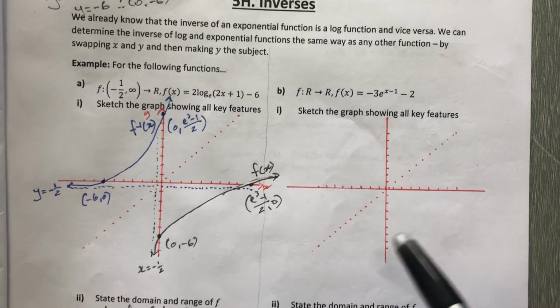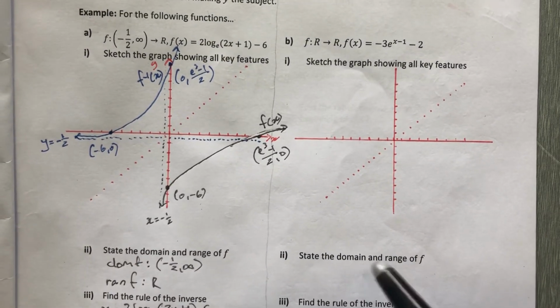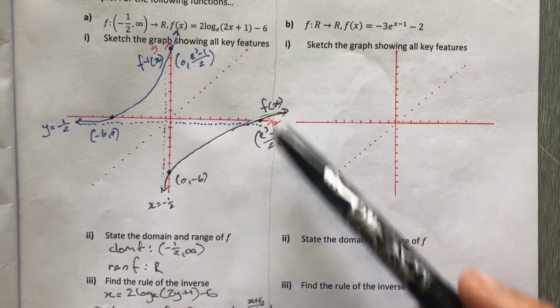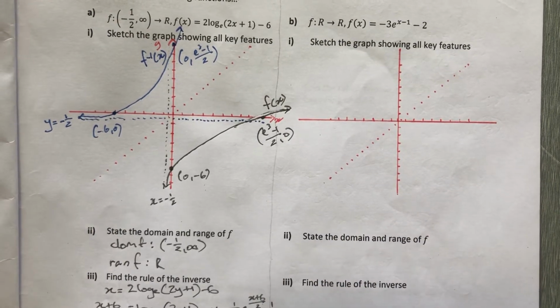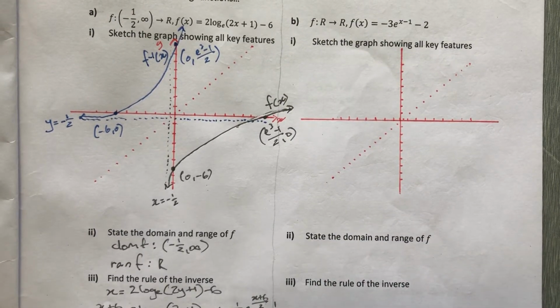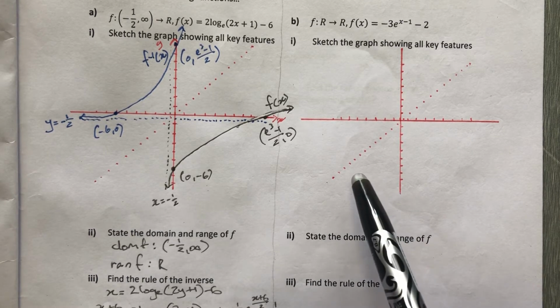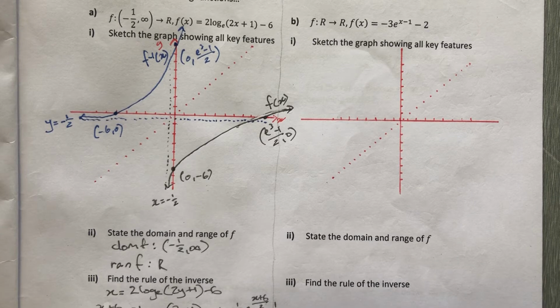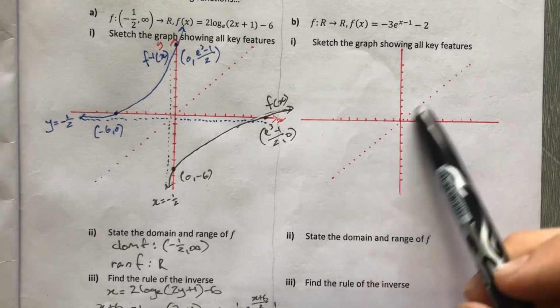Now this one here, when you sketch it, we're following the exact same steps as what we did with this one. When you sketch it, they will intersect. For now, don't worry too much about finding that point of intersection. We'll do that a little bit later. But something that I do want you to know is that wherever the original function, f of x, intersects with its inverse is going to be on that line y equals x.